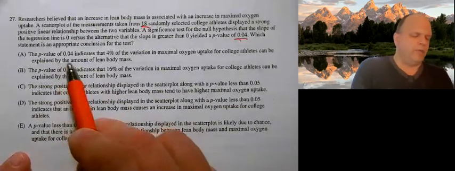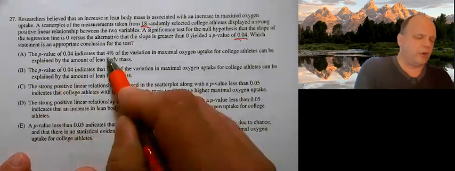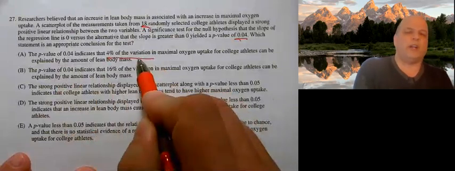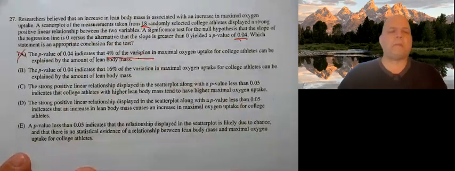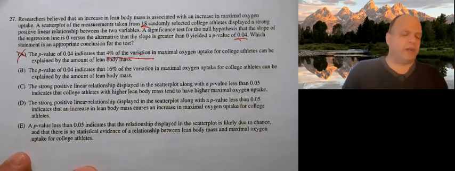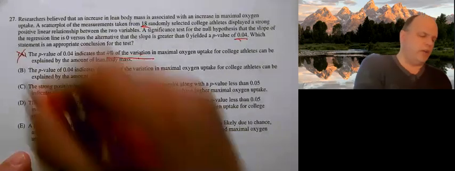The p-value of 0.04 indicates that 4% of the variation? That's not 4% of the variation. If they're talking about variation, we're talking about a different thing, all right? We're talking about the coefficient of determination. The p-value of 0.04 indicates that 16% of the variation?